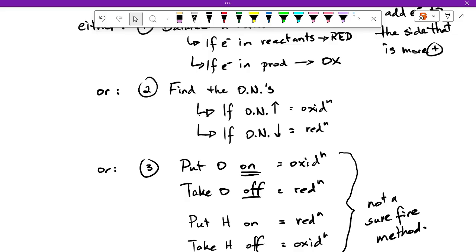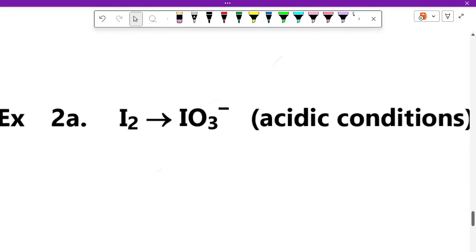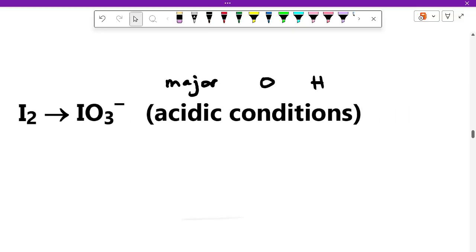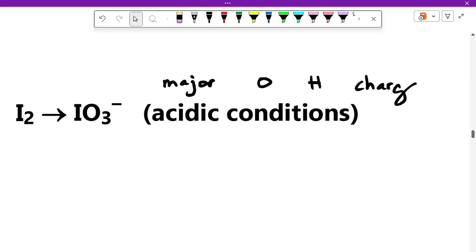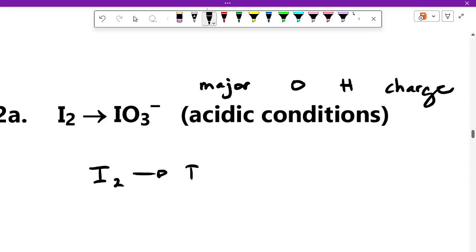Okay. Shall we do one more example? Oh, look. It's the one we were talking about before. We've got I2 goes to IO3 minus. So what do we do?